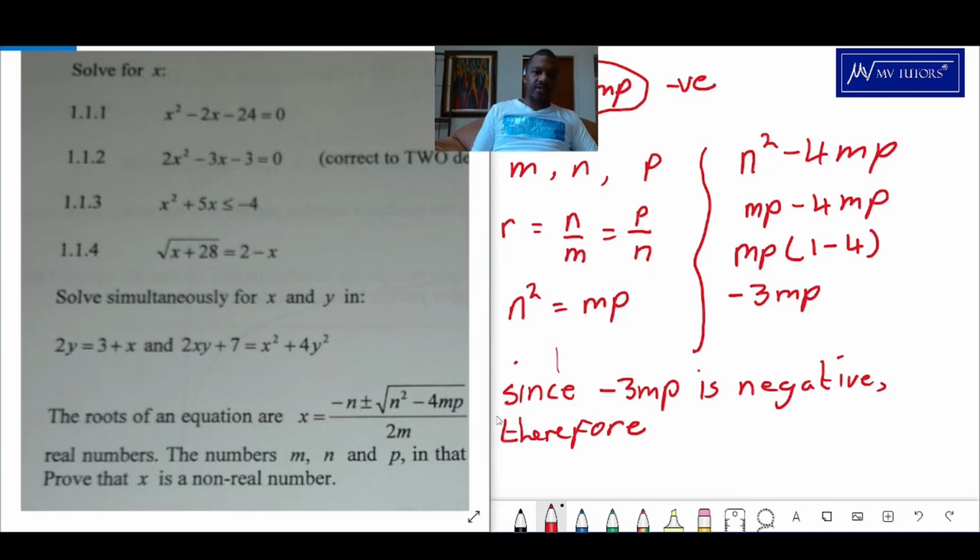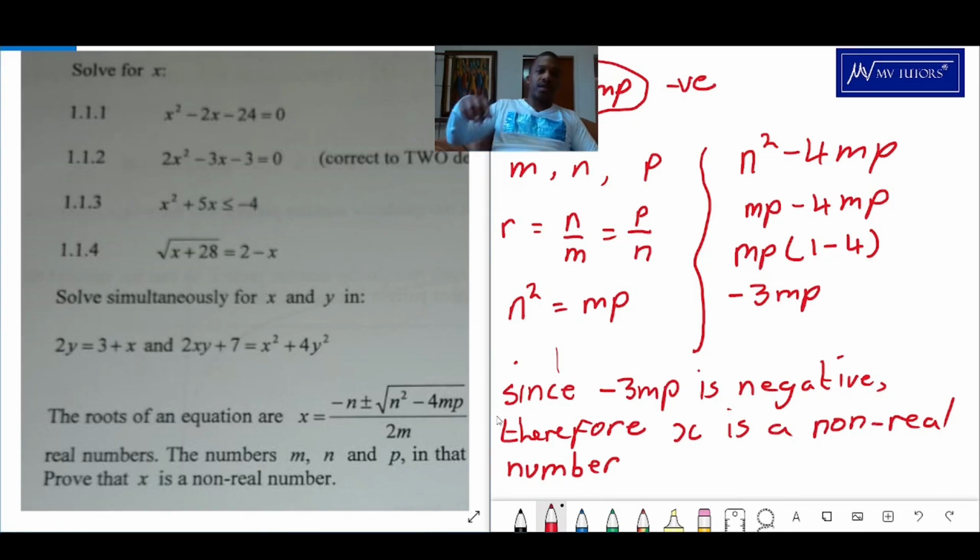Prove that x is a non-real number. Therefore, x is a non-real number. You know why? Because you can never have a square root of a negative number. That makes it non-real. Anyway, that's the end of question 1.